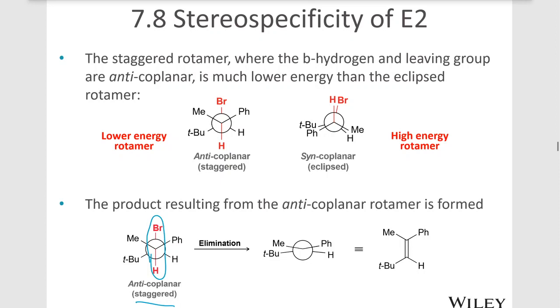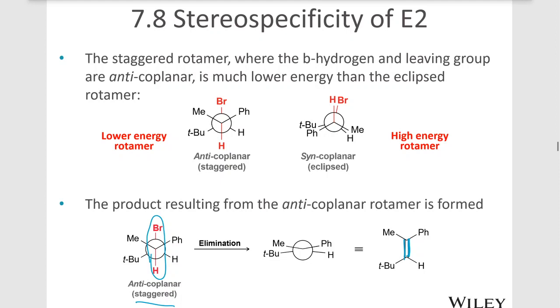When we do, we're putting the double bond right between the front and the back atoms. Okay, so you can just keep that double bond in the same configuration as the groups were in the Newman projection in order to predict that product.